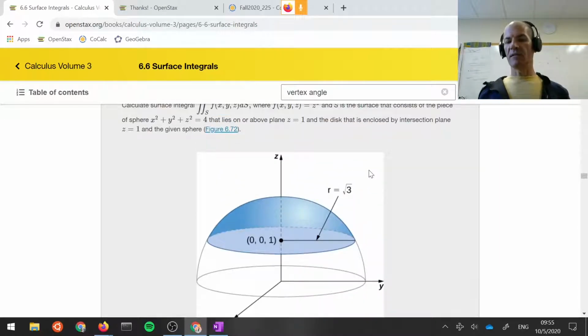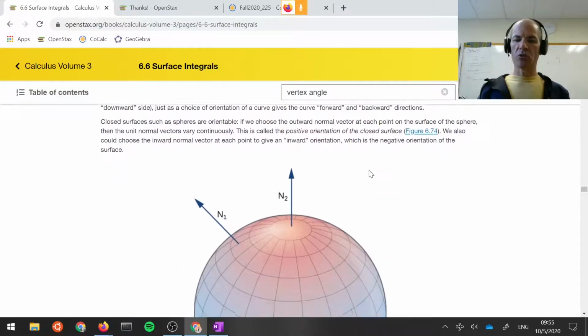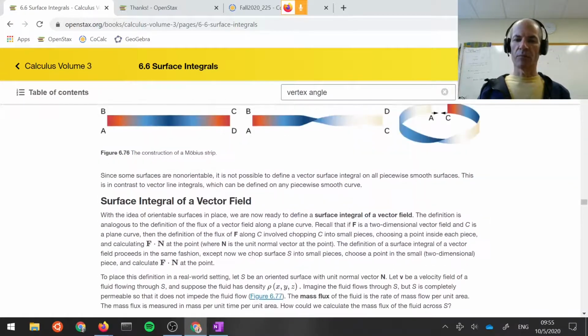Often it'll be like the upward pointing normal. The upward pointing normal is the one with the positive z coordinate. Up is positive z. If that's not appropriate for your geometric situation, it might say the normal that has positive y component. But always look for that information to orient the normal vector.